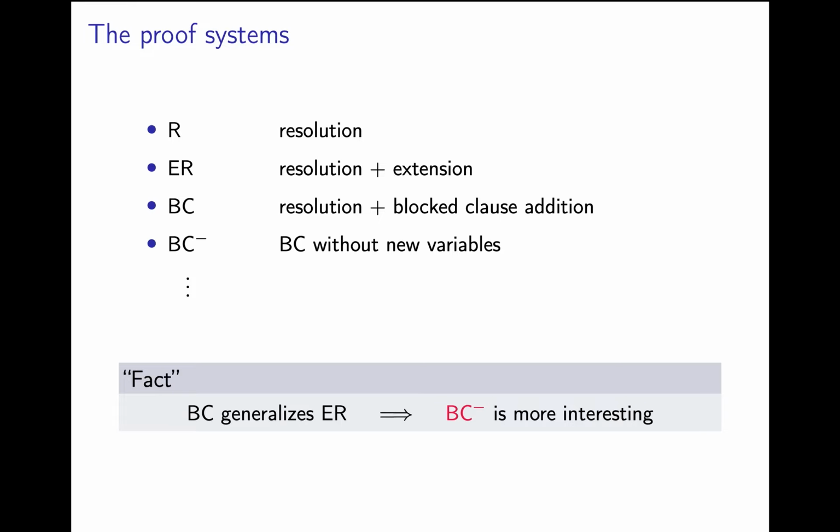So I claim that for those syntactic redundancy-based systems, the versions without new variables are much more interesting. This is because they are still strictly above resolution and allow us to reason without loss of generality, but they do not go all the way up to the strength of extended resolution. Our focus in this work is on those versions without new variables, because certain variants turn out to be quite interesting.